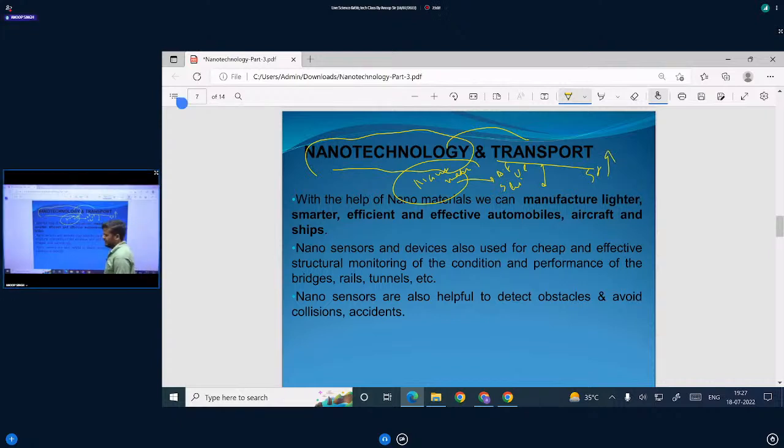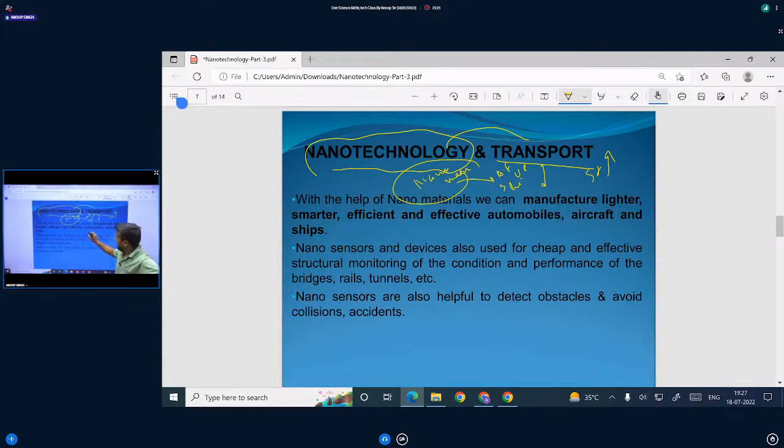Because this nanomaterial has less weight, you know very well. So if we use these materials in manufacturing of transportation vehicles, automatically the weight of the vehicle will reduce, but its strength will enhance.